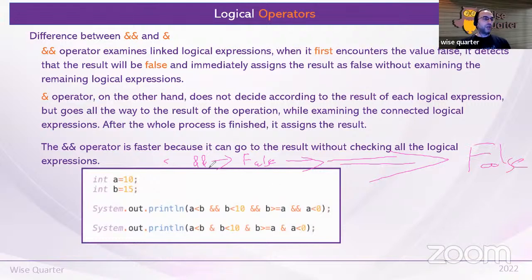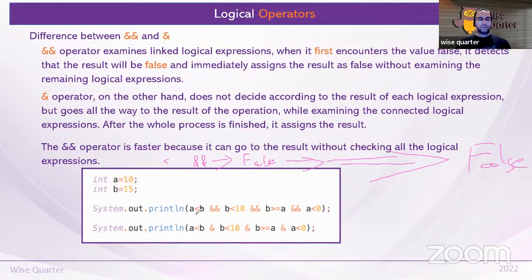We do not need to check everything. Just like I did on the previous page, when I saw a false, I did not check the second one. This double AND does the same thing.